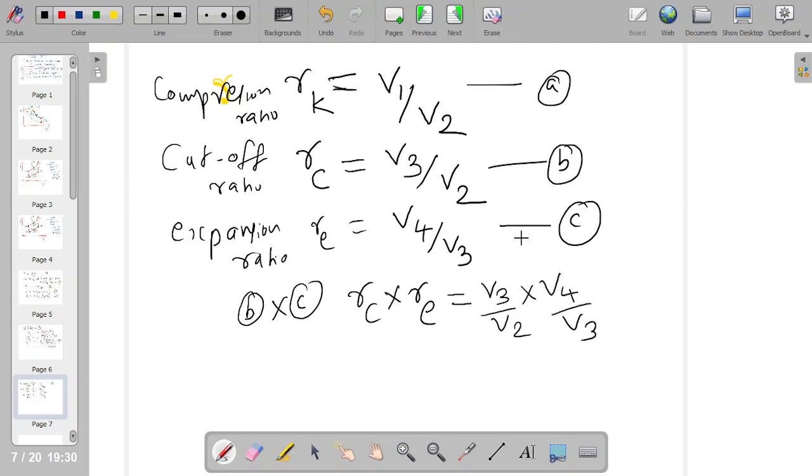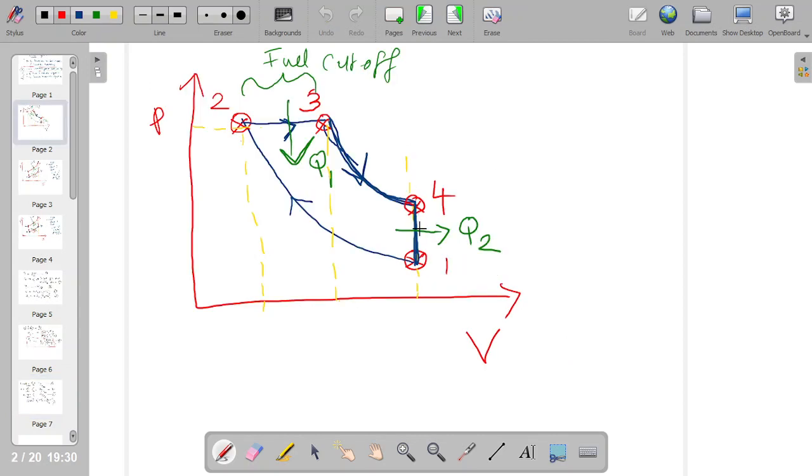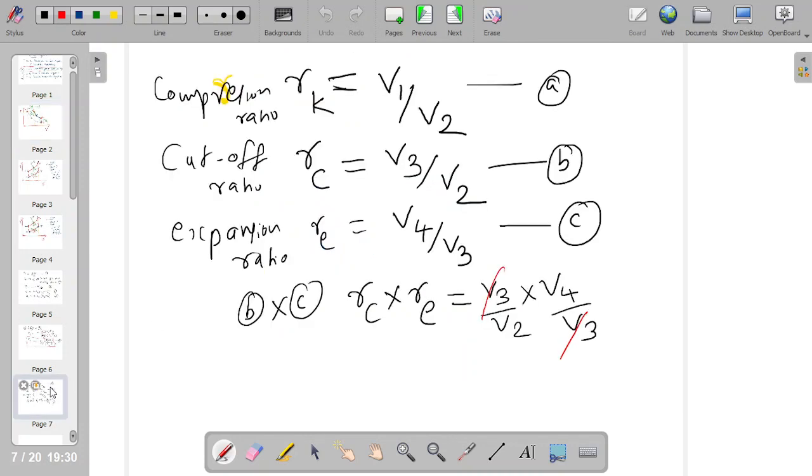V3 cancels, so it will be V4 by V2. But what is V4? V4 is the same as V1, because V4 and V1 are on the same volume line. So we can replace V4 by V1, and ultimately this is V1 by V2.